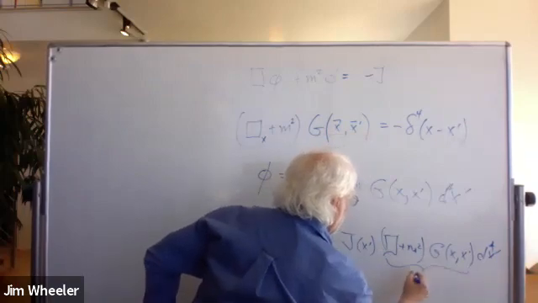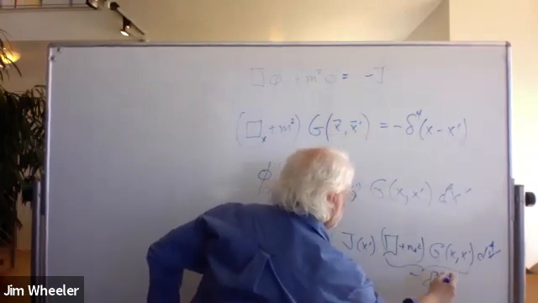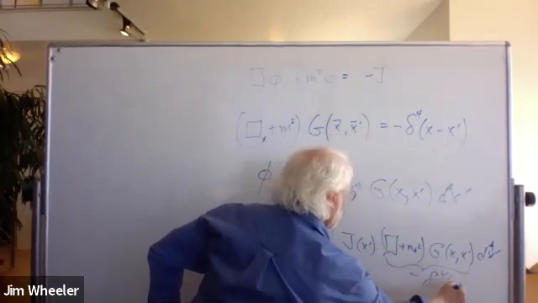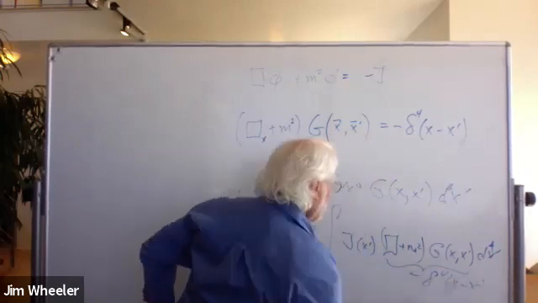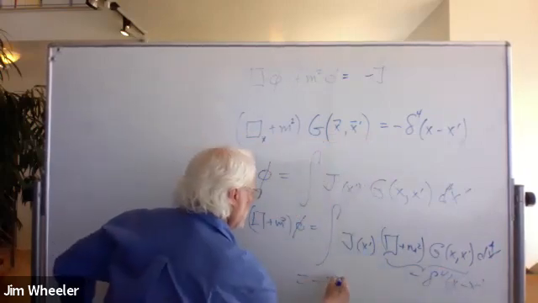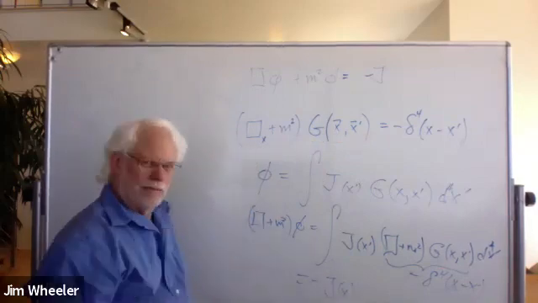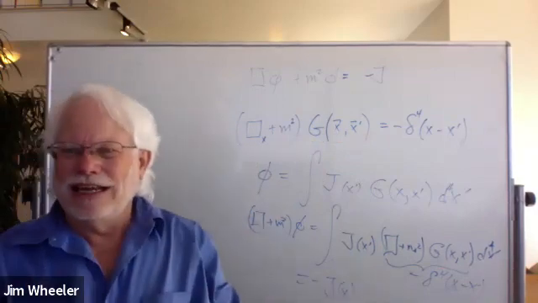And that is minus delta 4 of x minus x prime. So I do the integrals and I get minus j of x. Boom, solved it.